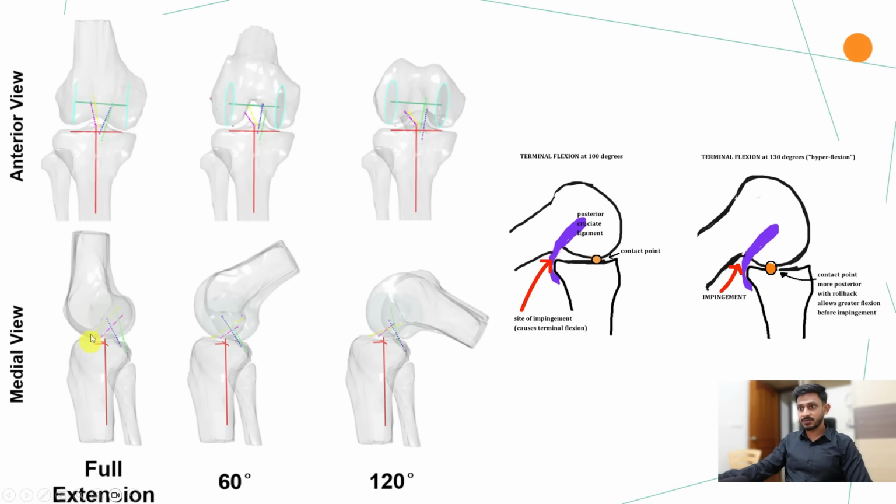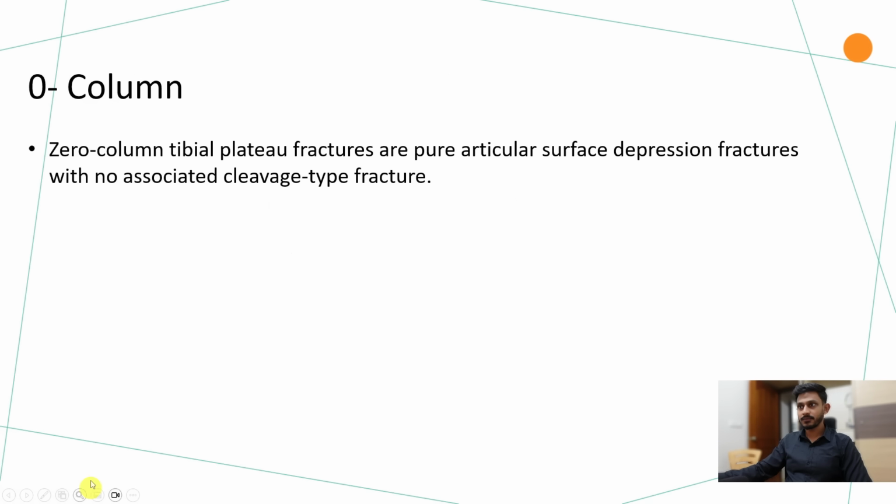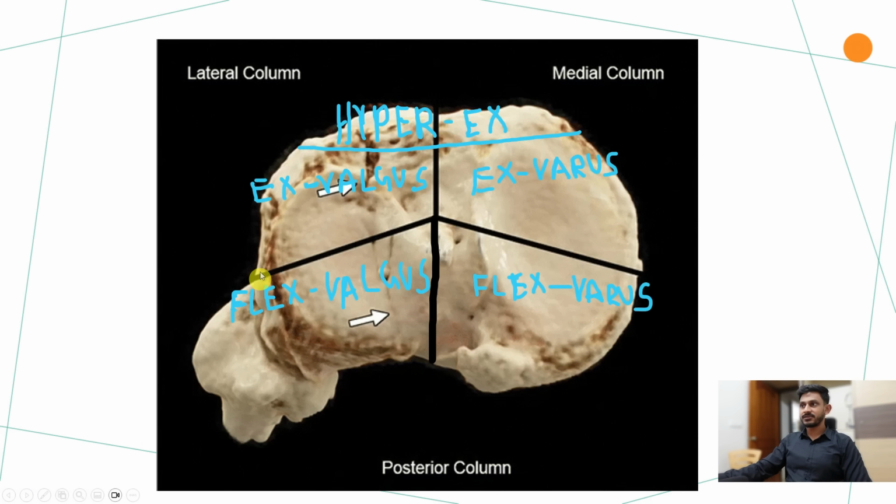As we flex, it goes more posteriorly, and as we hyperflex, the contact point becomes even more posterior. So this is why hyperextension injuries involve the anteriormost part, extension injuries involve the anterior column, and flexion injuries involve the posterior column.